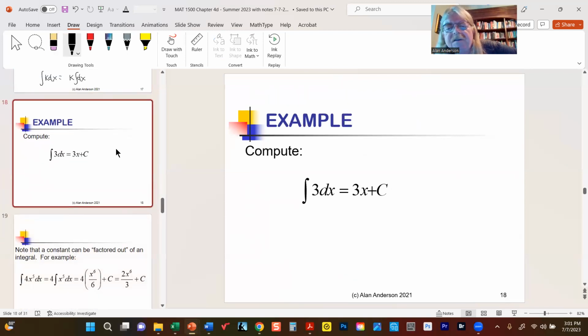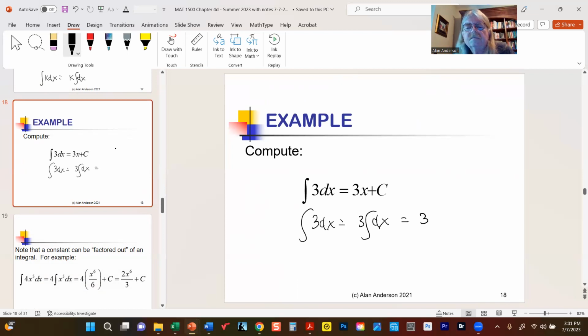Oh, speak of the devil, look at this one. If I chose to, not that it's that important, I could have done this. And since we just saw the integral of dx is just x, and that's it, we're done.